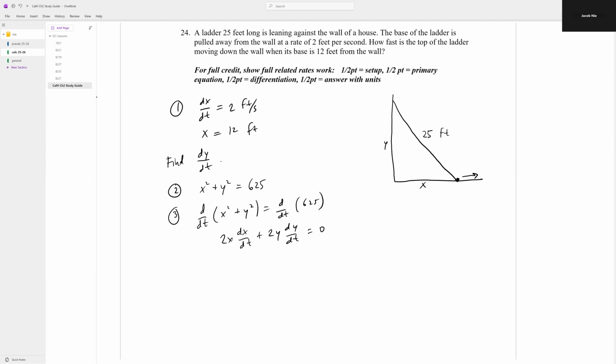And so if we did that out, we would find that y squared equals 625 minus x squared. And so that tells us that y equals, get a calculator, y equals square root of 481.